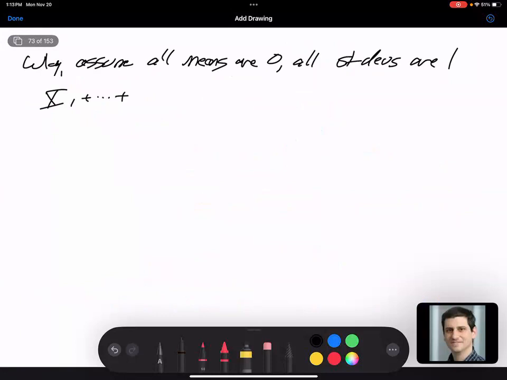x1 plus xn. Now, if I didn't normalize to have mean 0, I would subtract off n times the mean. I don't need to do that. What is the mean of this? The mean is 0. What's the standard deviation? N times. It's n times each one.